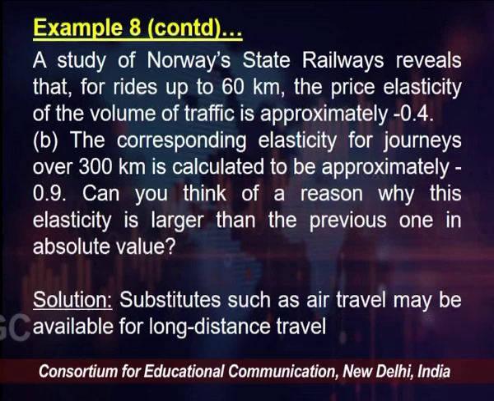Here we could think of a situation where for longer journeys, you might have access to substitutes like air travel. So if substitutes to railways like air travel are available, then we could have a situation where the elasticity for long journeys is relatively higher.